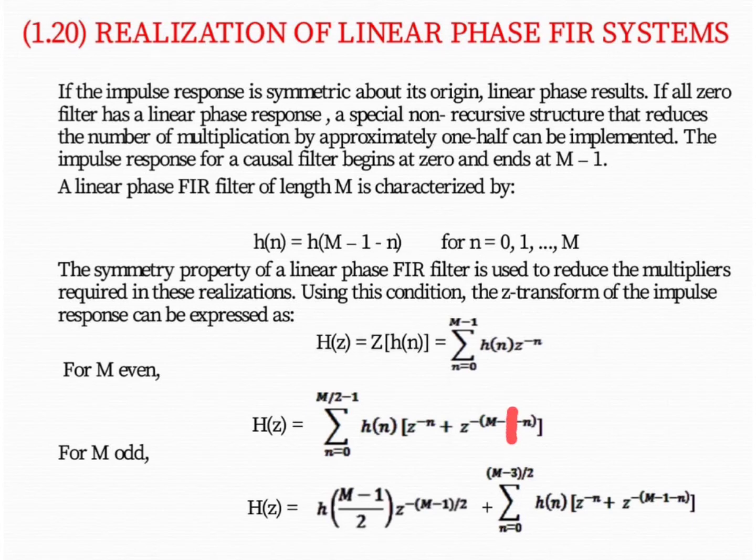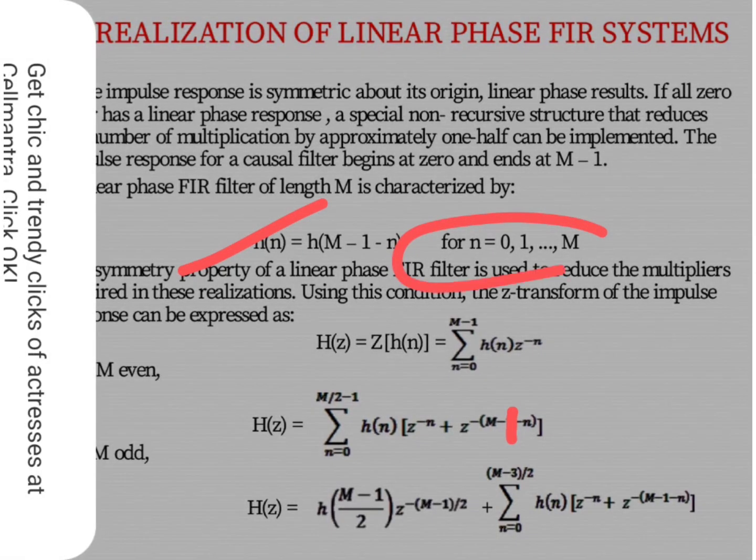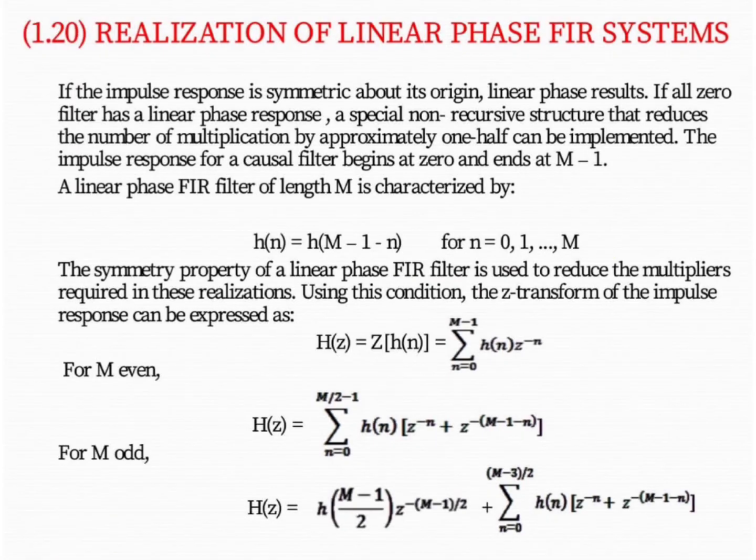Generally linear phase property is characterized by this equation, h of n equals h of M minus 1 minus n. So here the length of the sequence must be from 0 to M. Generally we use the symmetric property of linear phase to reduce the multipliers required for the realization.